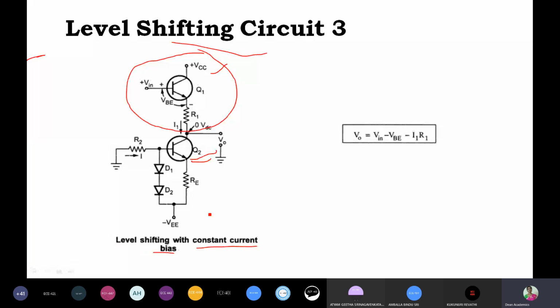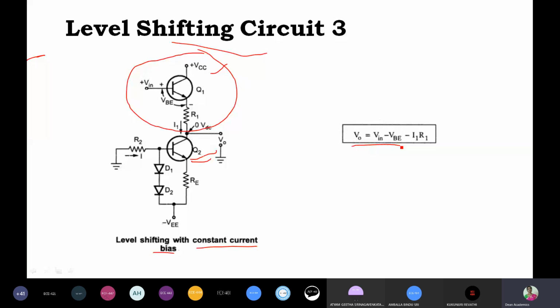So now let us see another circuit. Let me repeat here. Any circuit we are developing, we are modifying from the emitter follower circuit only. This is the basic emitter follower circuit we have taken, and with this simple direct emitter follower circuit we got V naught equal to V in minus VBE.